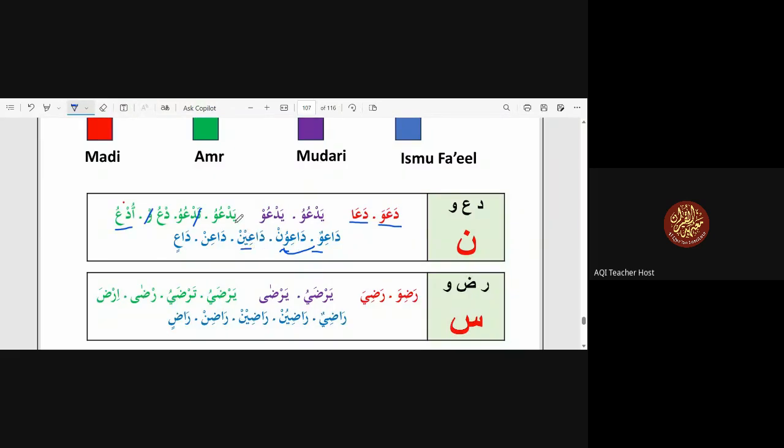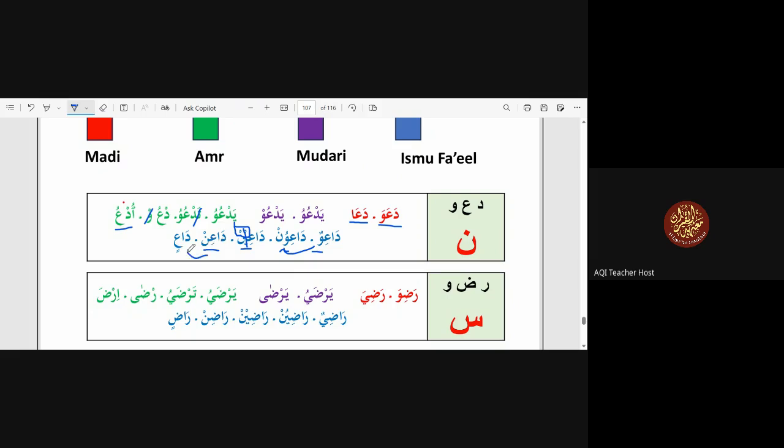Here we can see that two sakin are side by side. The weak letter with sukun will drop and it will become da'in. Now this is exactly the same as where we started, when we broke down the tanwin with waw and nun. Similarly, now this in will make it with tanwin, da'in.